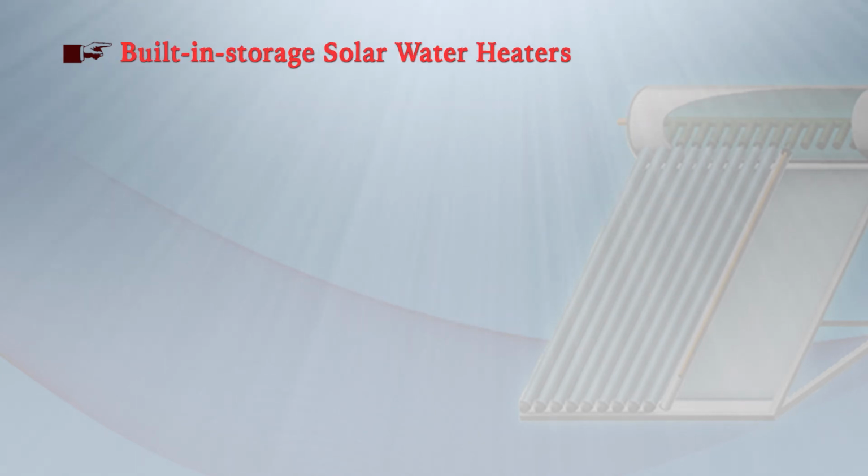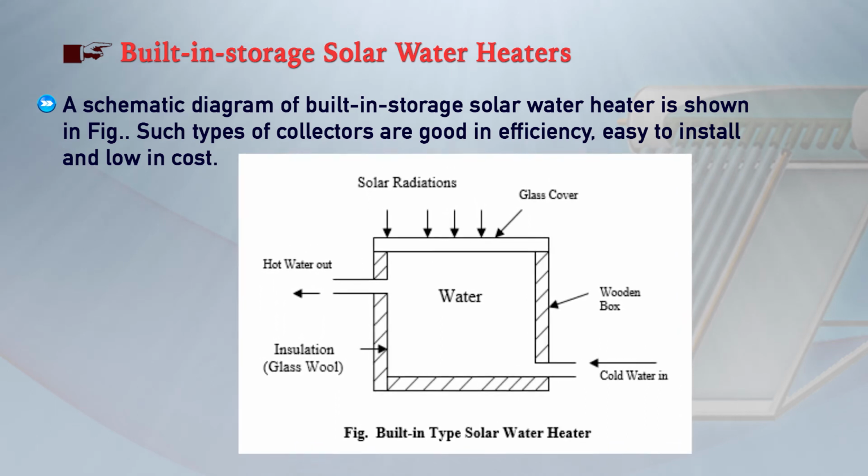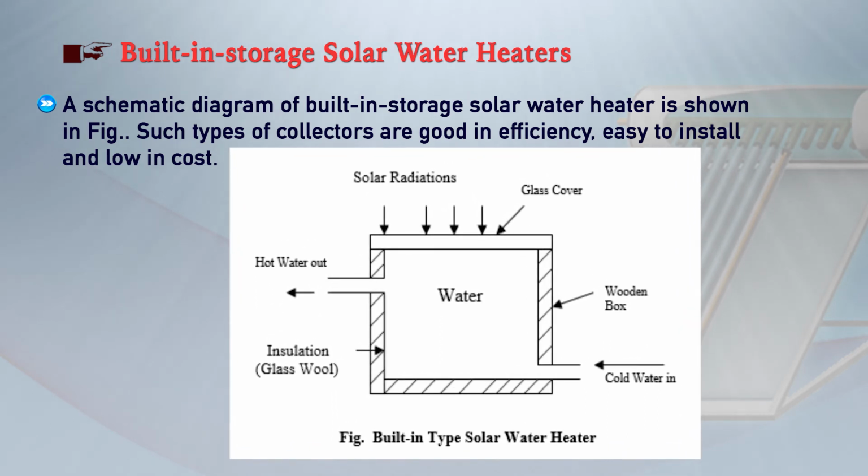Now we will discuss built-in storage solar water heater. The schematic diagram of built-in solar water heater is given in the diagram. Here you can see, such type of collector are good in efficiency, easy to install and low in cost. From the right side, you can see the inlet where water is going, and toward the left side you can see from where you can collect the hot water.